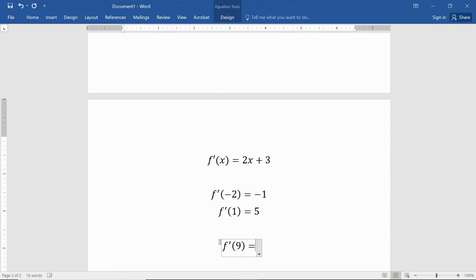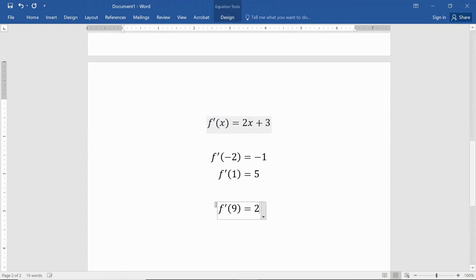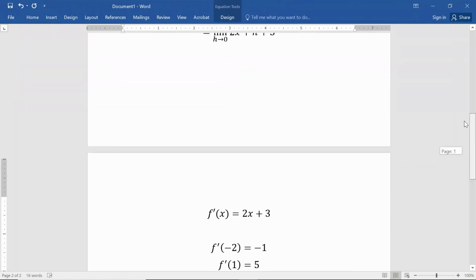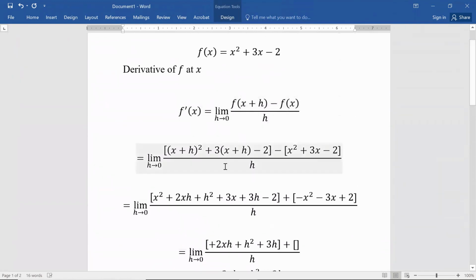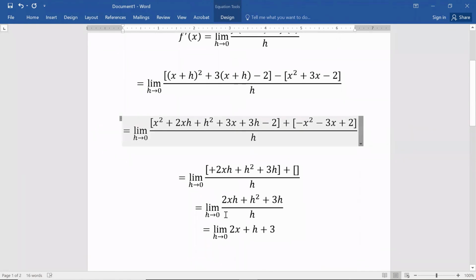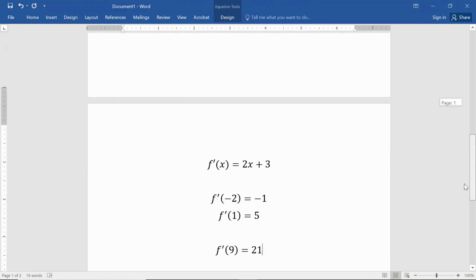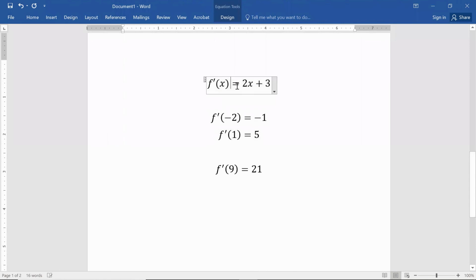And once I've done that mathematical operation of simplifying the difference quotient as the limit as h goes to 0, then I don't have to do any more. I can just utilize this thing. And that saves me a lot of time if I'm trying to find lots and lots of derivatives of the same function.